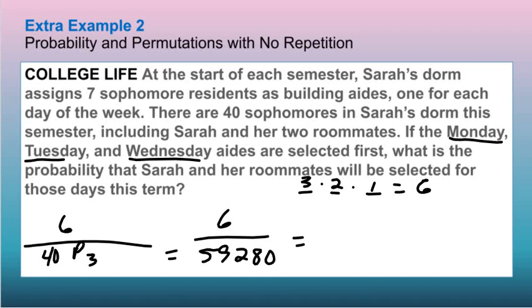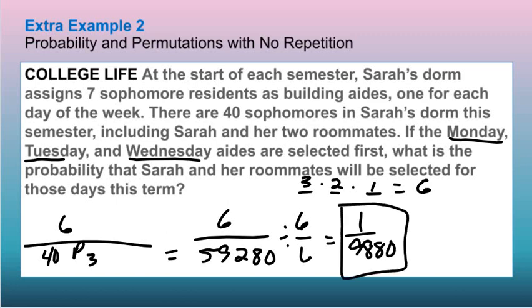So when I simplify that, 6 divided by 59,280, let's reduce this. If I divide this by 6, I end up with 1 out of 9,880. And that would be the probability that those 3 would be selected first.